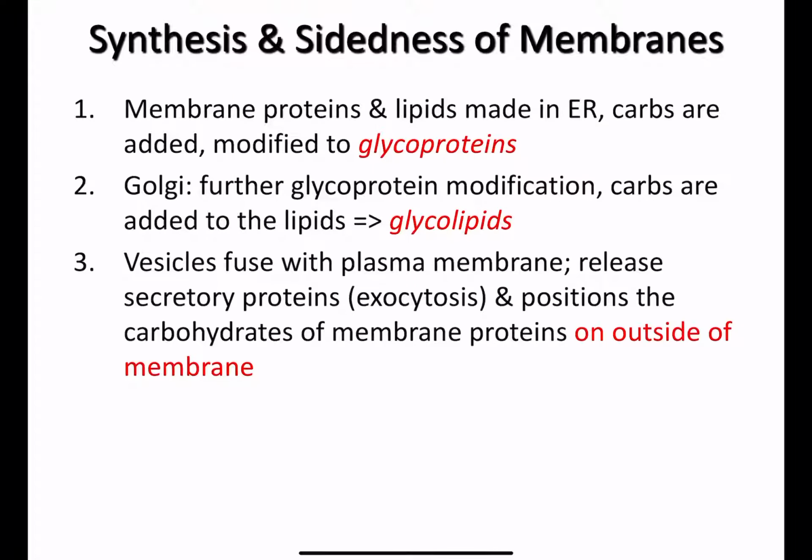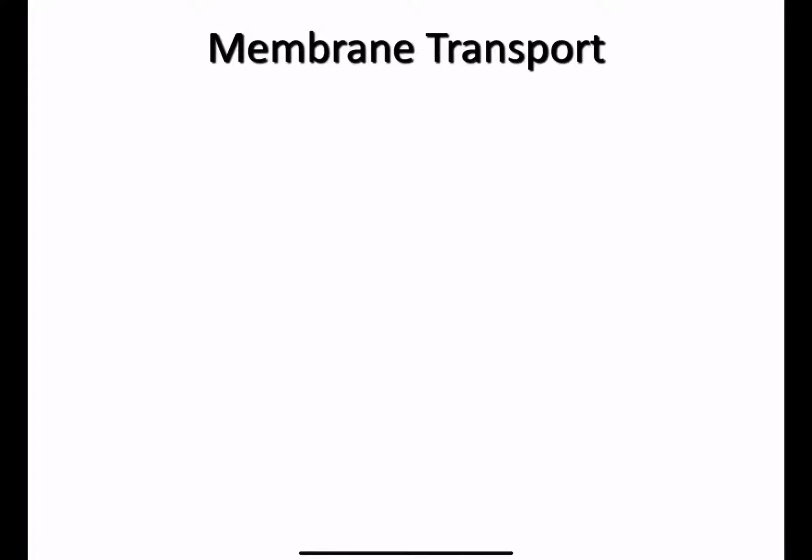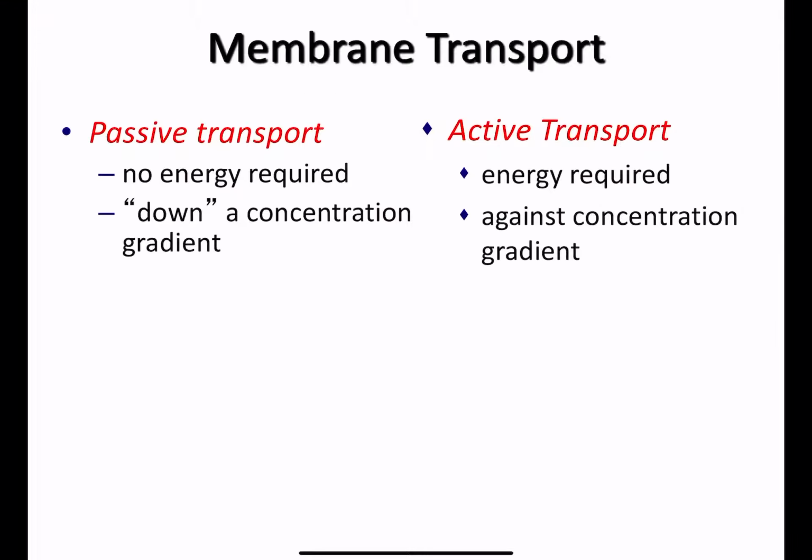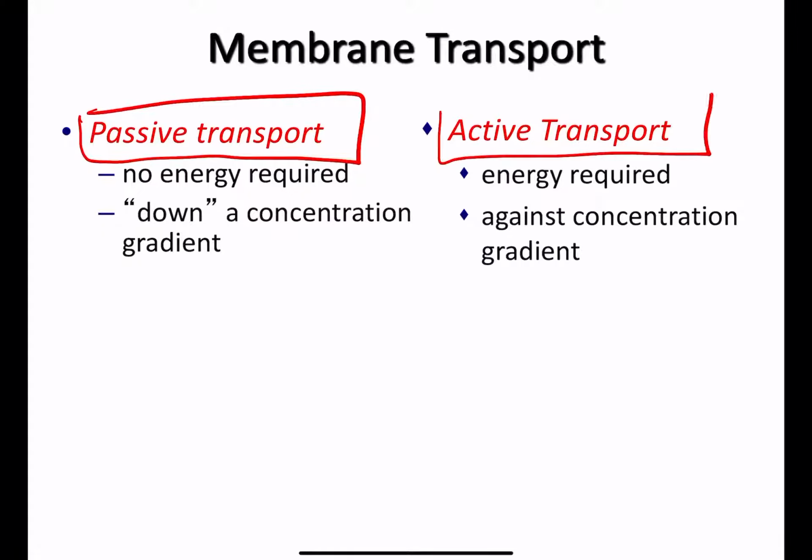So in terms of key things about membrane transport, absolutely, massively important to differentiate between these two. Passive transport is talking about no energy required. It's always going down its concentration gradient. And when we say down its concentration gradient, you're going from high to low. Other key components about this is that there's no ATP involved.